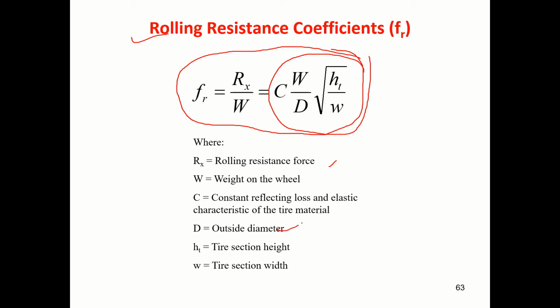D is the outside diameter. W is the weight on the wheel. HT is the tire section height. W is the tire section width. Okay, so this is one of the models that is available to estimate Fr.